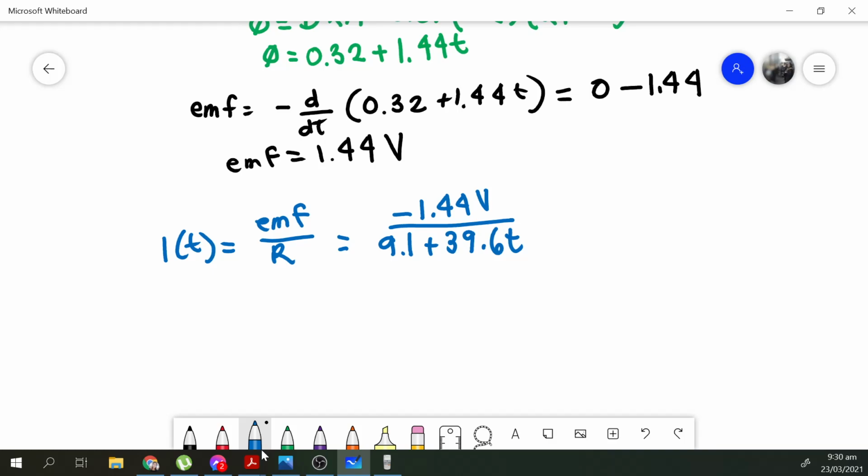Since this is a current, the unit is amperes. If you want to find the value of the current at a certain instant of time, you can simply substitute the value of t into the given equation. And that's it for our first problem.